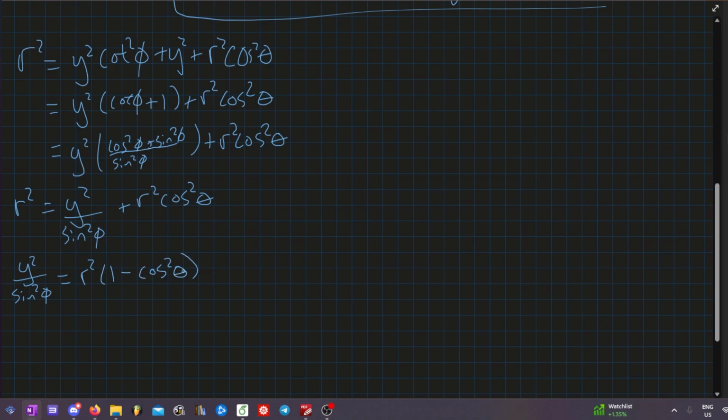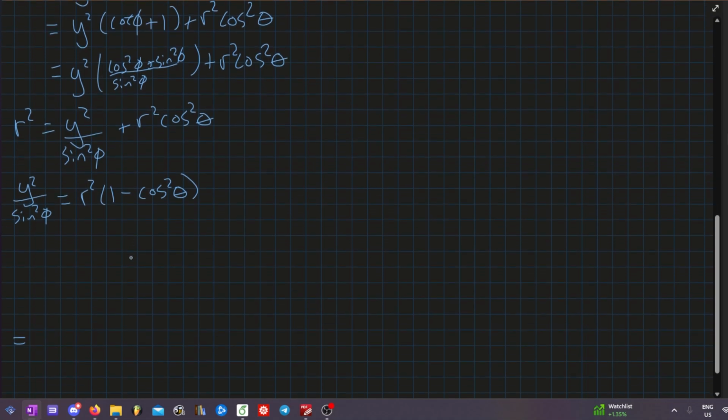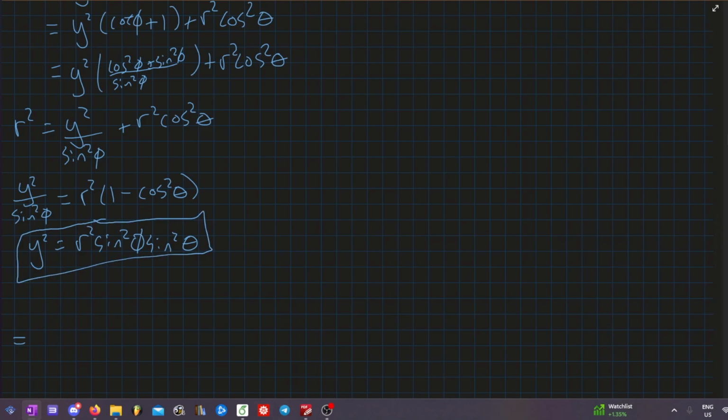Of course, the term in the brackets is nothing other than sine squared theta, so we can rewrite it: y squared equals r squared sine squared phi sine squared theta. And let me just double check that that is right. It is. Okay, so now we have y in terms of strictly these spherical coordinates as well. So we'll put a box around that. And then it just remains to do z, I think.